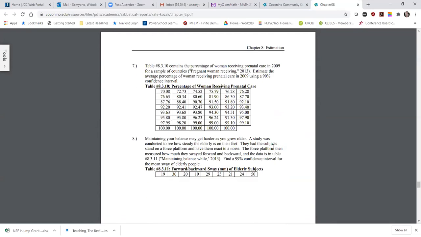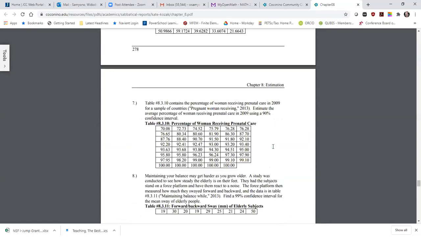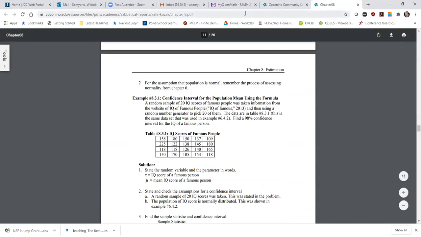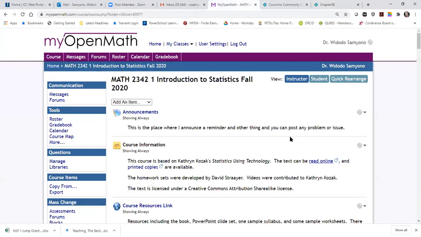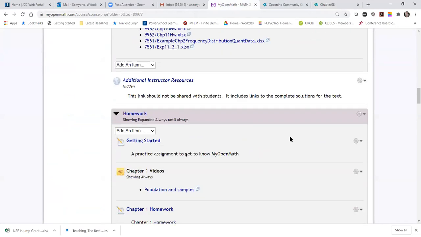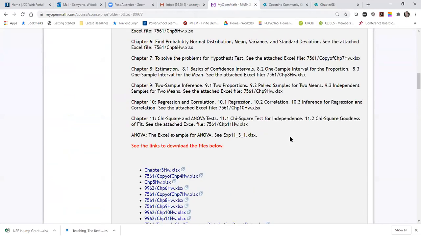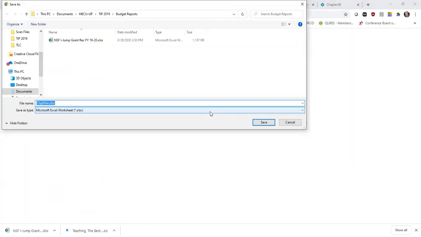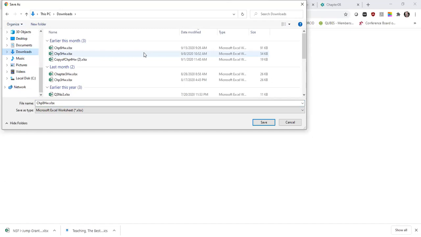Okay, so for chapter 8, yeah, you need to open chapter 8. Right? Okay, let's see. Yeah, I think I never opened chapter 8 before.